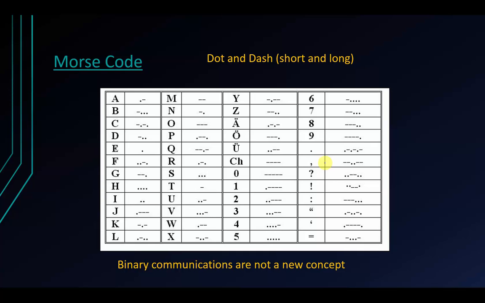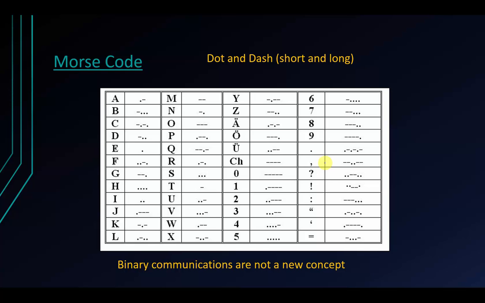Now, binary is not really a new concept. It's been around for some time. A perfect example of it would be the old Morse code system of sending telegraph messages over the wire. In this particular binary coding scheme, we're using not ones and zeros, but dots and dashes, or what translated into short and long tones on a telegraph wire.